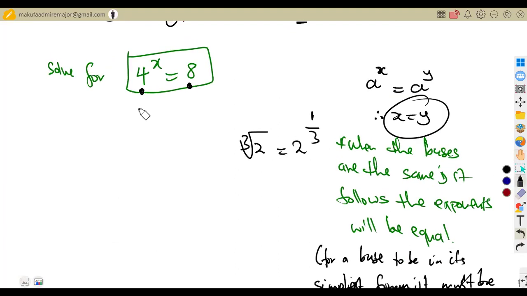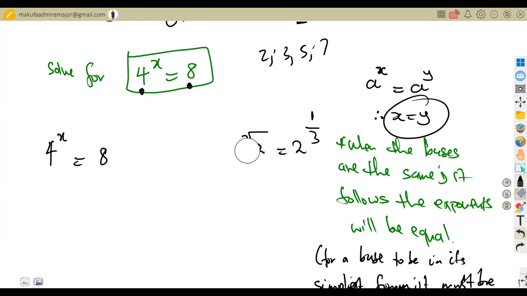So how can we write 4 as a prime number, 8 as a prime number? All right, the prime numbers that we are thinking about, remember we've got 2, 3, 5, 7. These are numbers that are divisible by 1 and itself. So 4 can be related in terms of 2. All right, let us write this. That is 4 to the exponent of x is equal to 8.